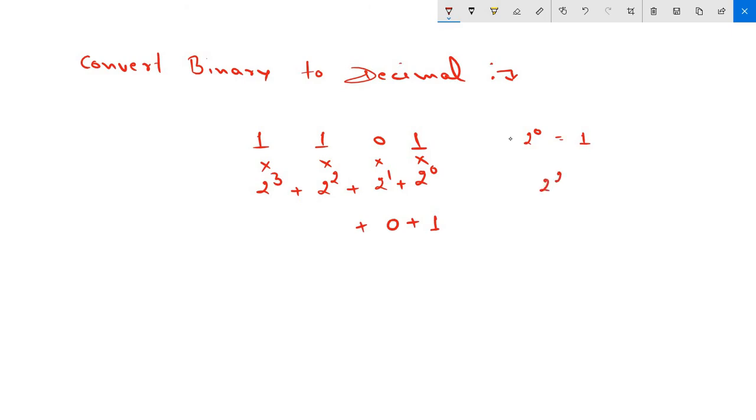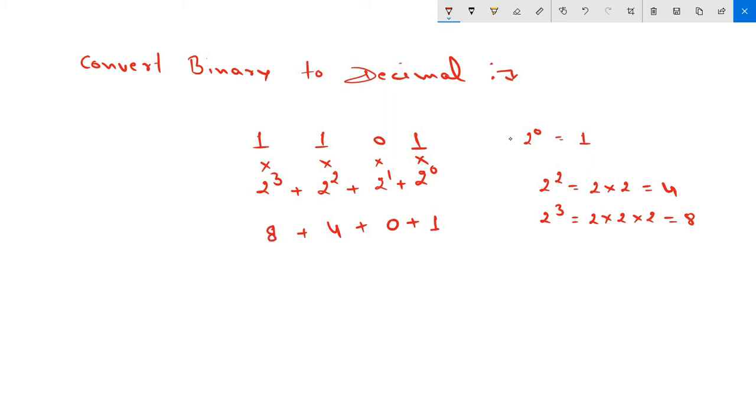2 to the power 2 means 2 into 2 equals 4, and 4 into 1 is 4. 2 to the power 3 means 2 into 2 into 2. 2 into 2 is 4, 4 into 2 is 8, and 8 into 1 is 8.